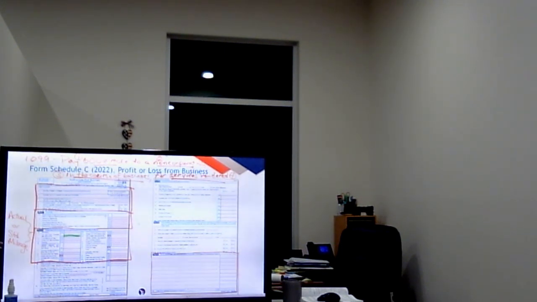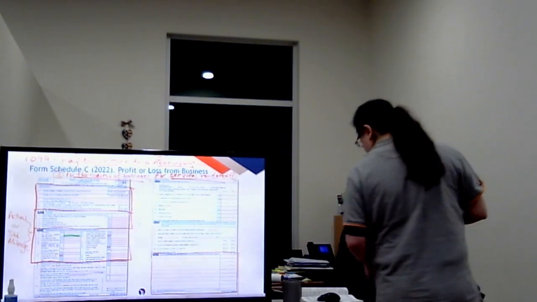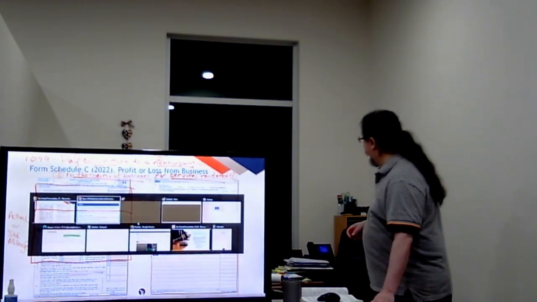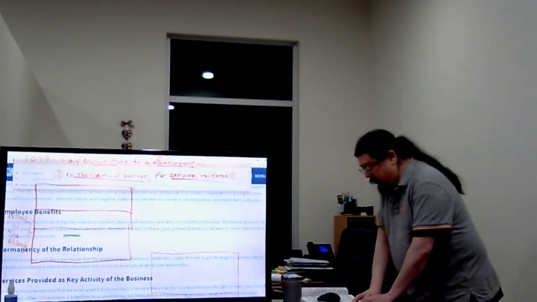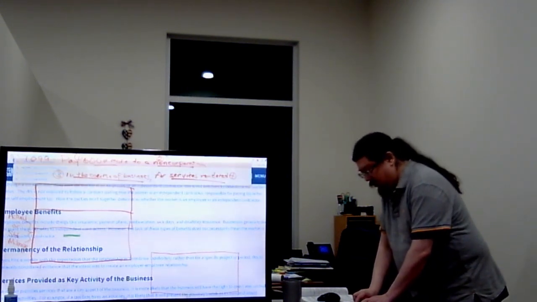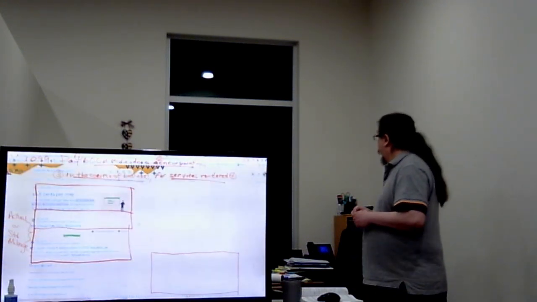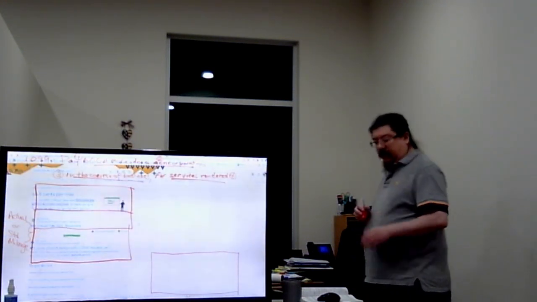Your other choice is standard mileage, which in 2023 I believe is 63.5 cents. I'll look that up because I want to make sure I have that right for next year. Oh, 65.5 cents.